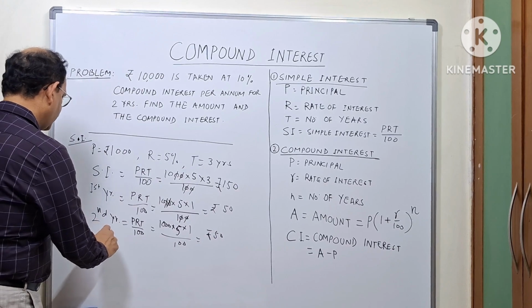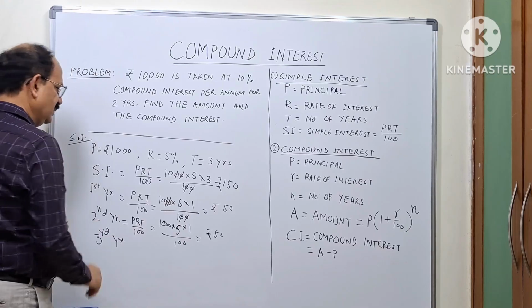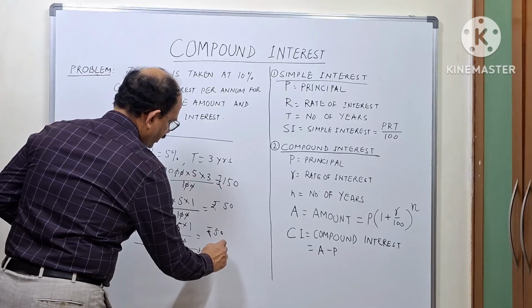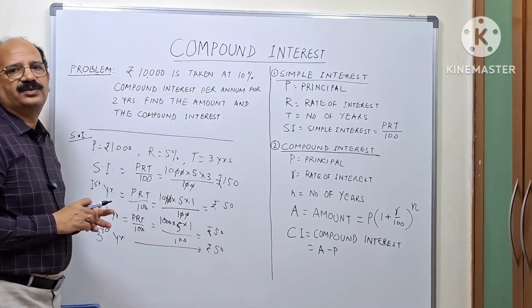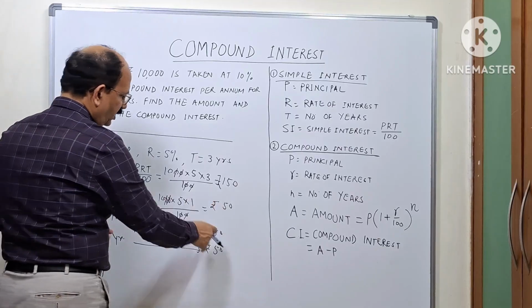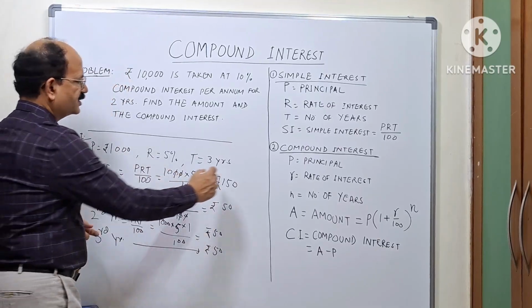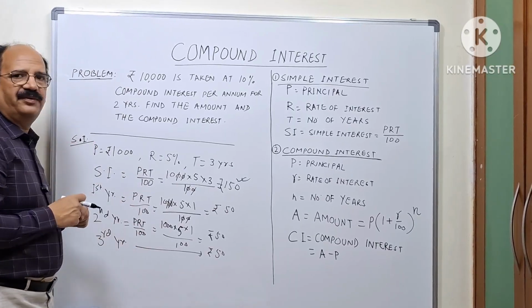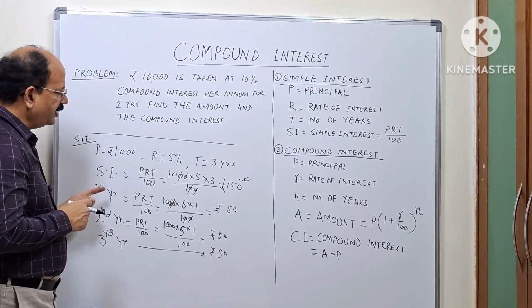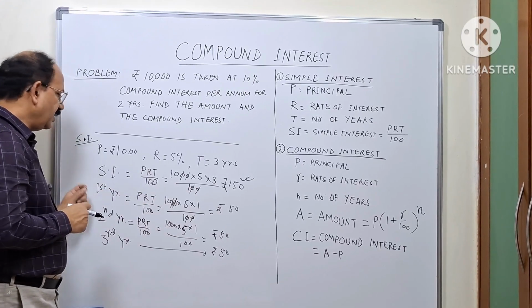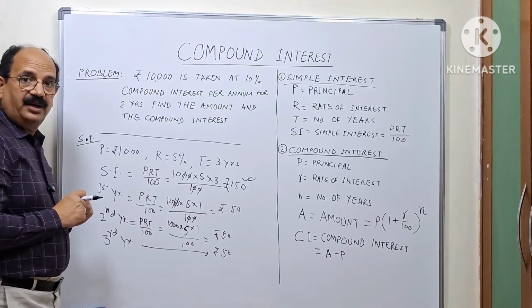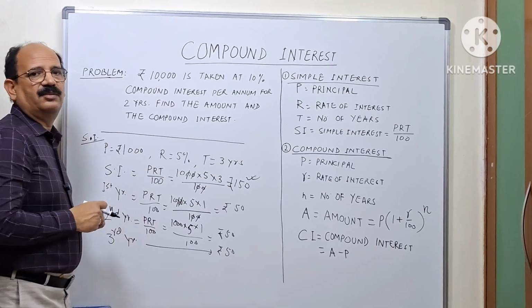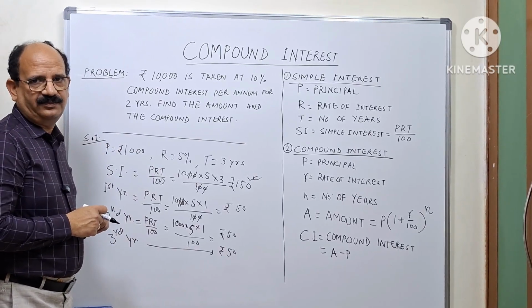Same logic applies for the third year, only 50 rupees because the number of years is only 1. Now if you add all three, you get 150 rupees. So in simple interest, every year you get the same interest, because your rate of interest is the same and the principal is also the same.